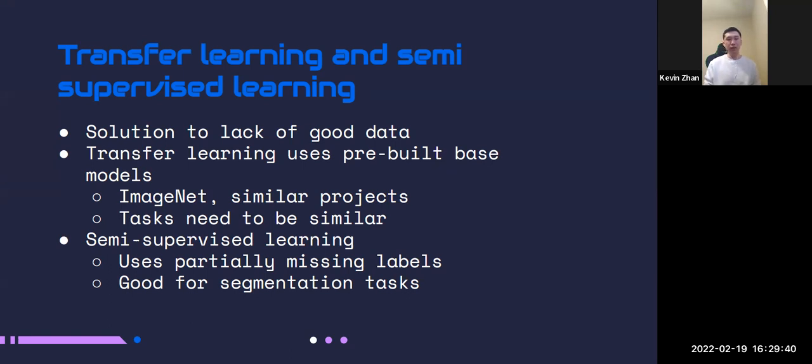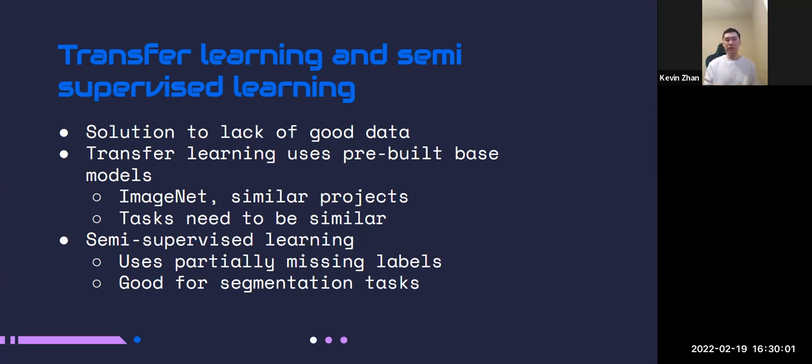Yeah, so the next one is semi-supervised learning. This one is also pretty good for when you don't have enough data or you have missing labels. Semi-supervised learning uses partially missing labels, so it's a mix of supervised and unsupervised learning.